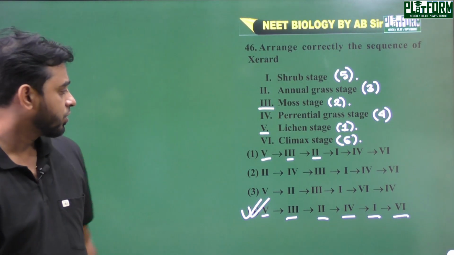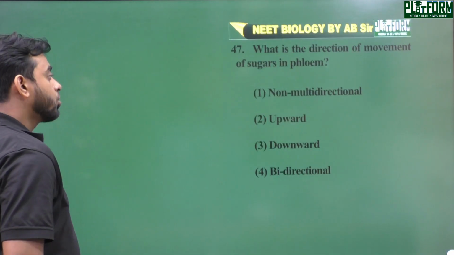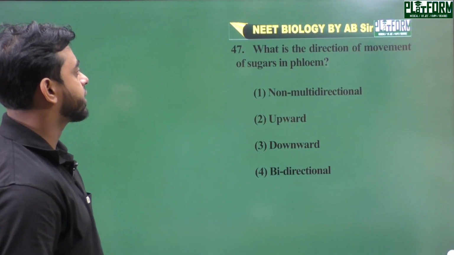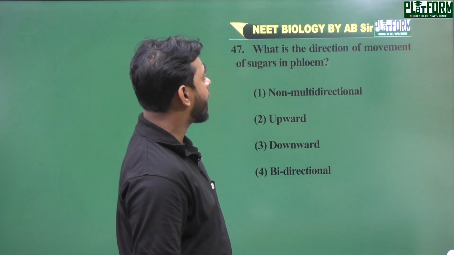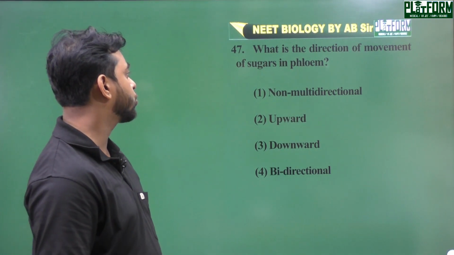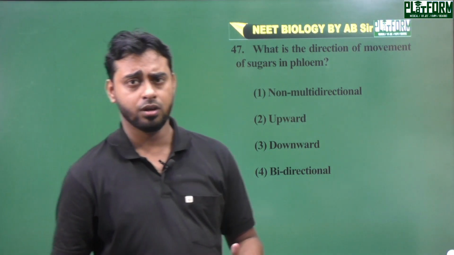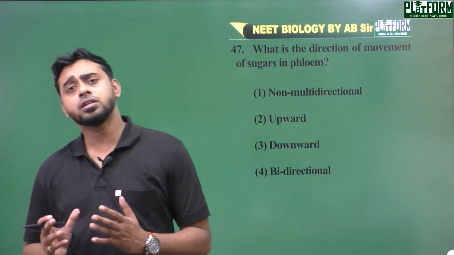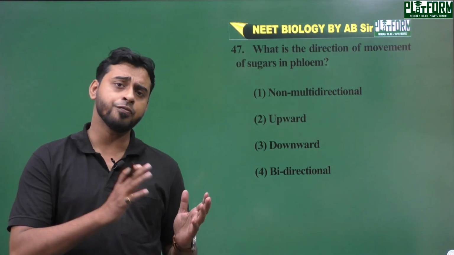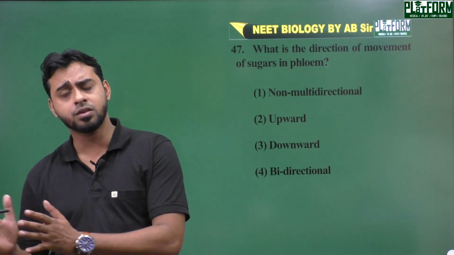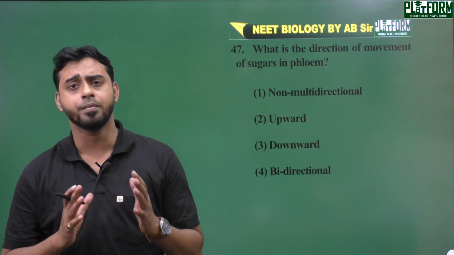Okay. So move to the next question. What is the direction of movement of sugar in phloem? Now we know that the food material, that is the sugar, is moving from one place to another through phloem.